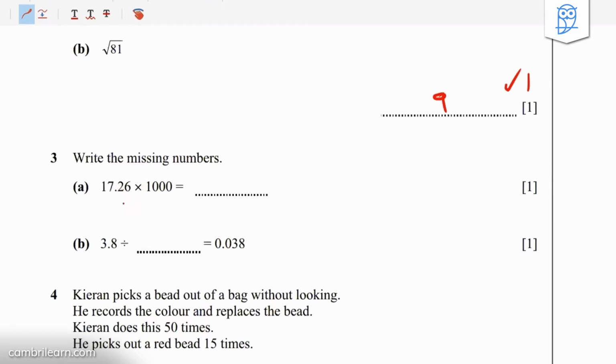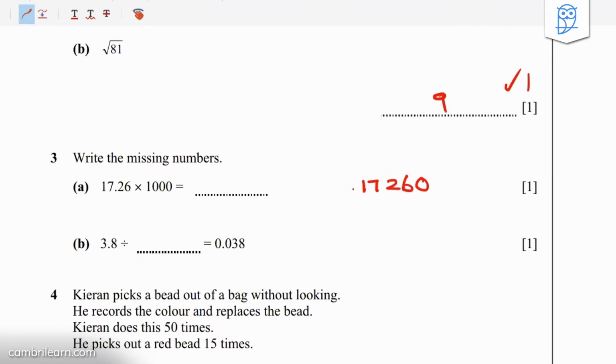For the 17.26, the decimal point will be shifted 3 times to the right. So we can write the original number, 17.26, and we can see that this decimal point will move 1, 2, 3 spaces to the right. This is our final answer.